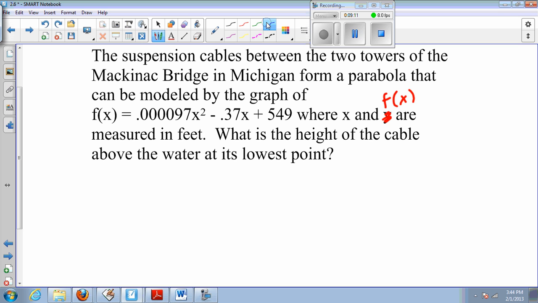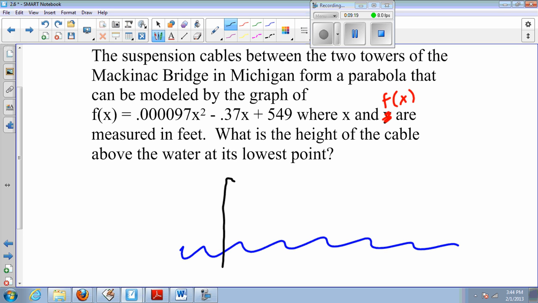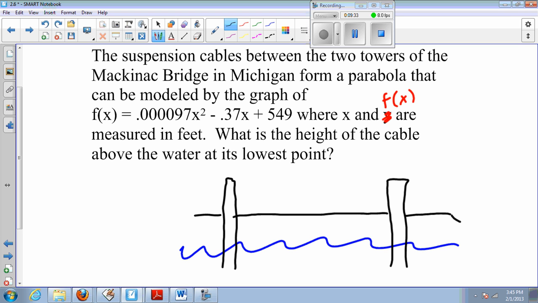So here's the lake. We have two towers coming out of the water that support the road. The bridge, if you would.